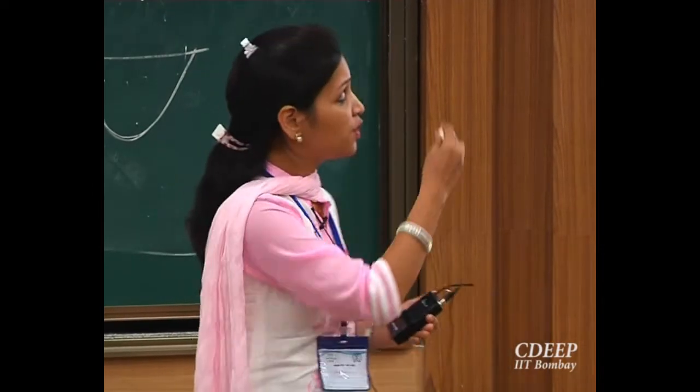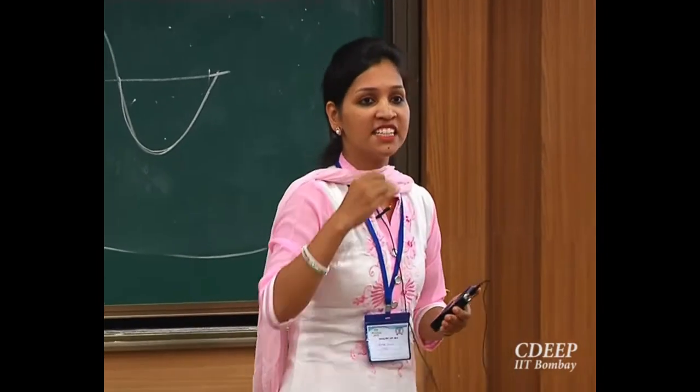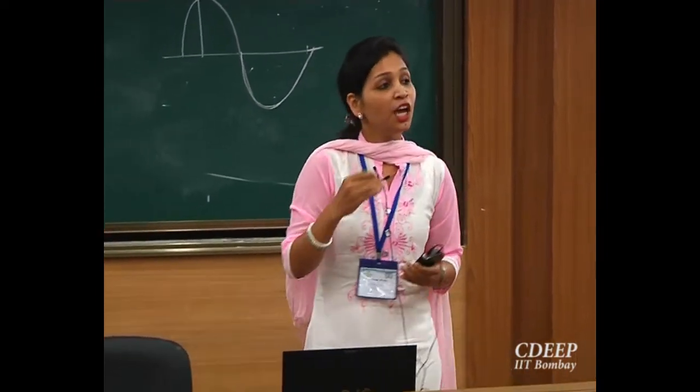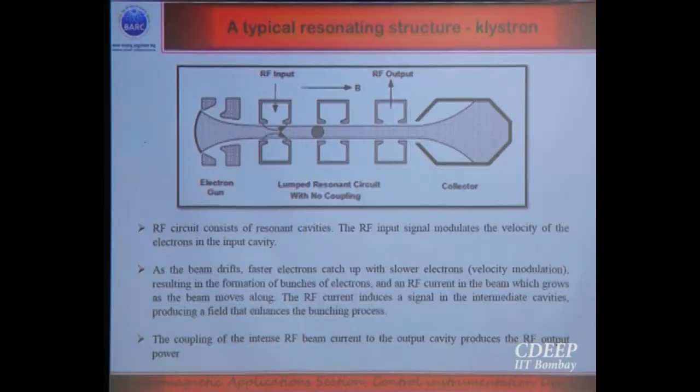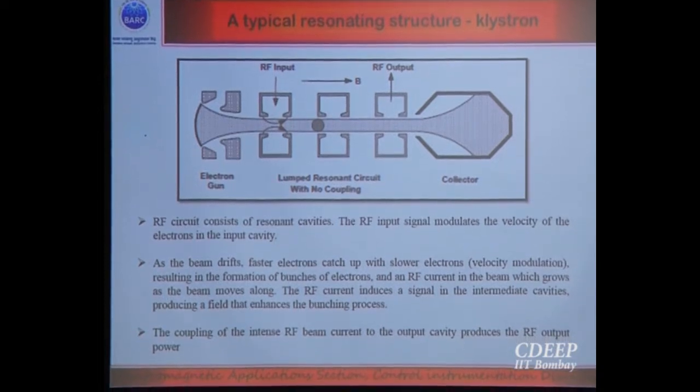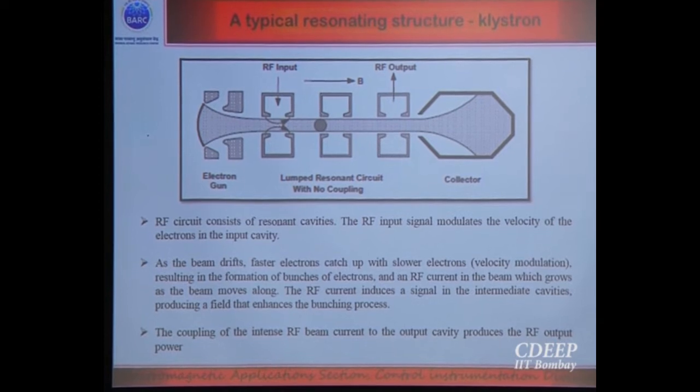That's why when we go to the output cavity, this increased current modulation will be demodulated. The output cavity is designed in such a way that through waveguide coupling or other coupling methods, we can take out whatever energy content is there in the beam. So this beam modulation is reflected in the fields which get coupled to the waveguide, and we take out the RF power. This is the simple phenomenon which takes place in a klystron.